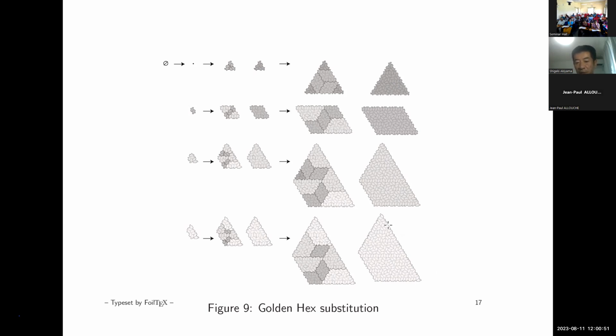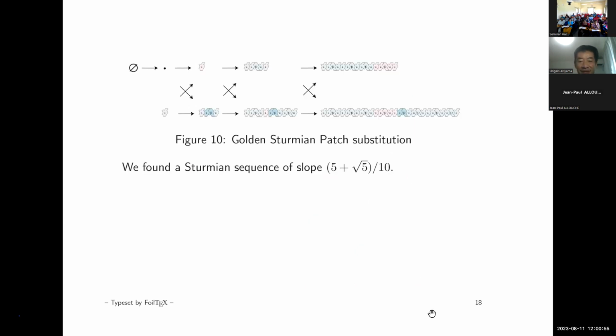And surprisingly, this one is a Sturmian sequence. So the Sturmian sequence is written and produced in this way. And I wrote the substitution rule, and this satisfies a substitution rule very close to the Fibonacci, but slightly modified Fibonacci substitution. And then what you get is this kind of pattern.